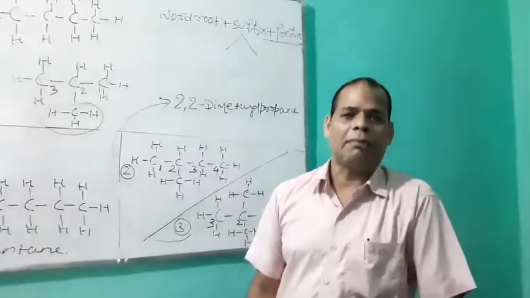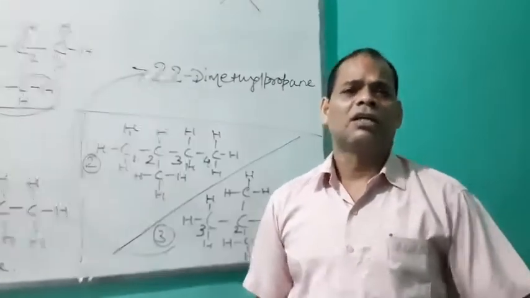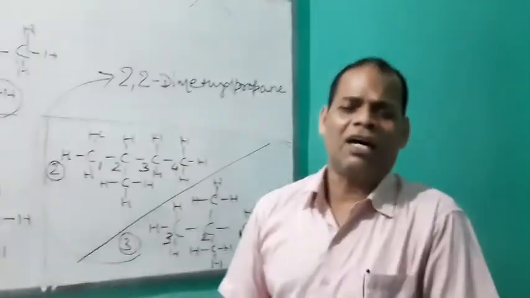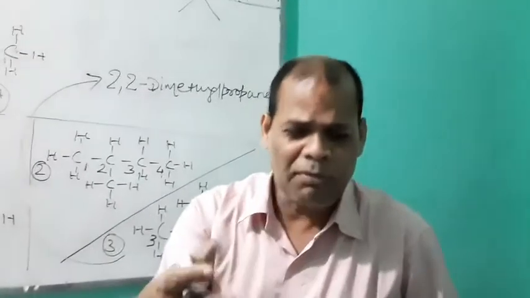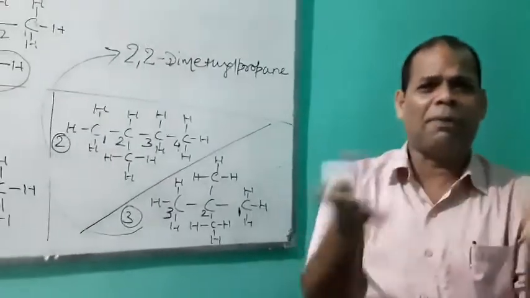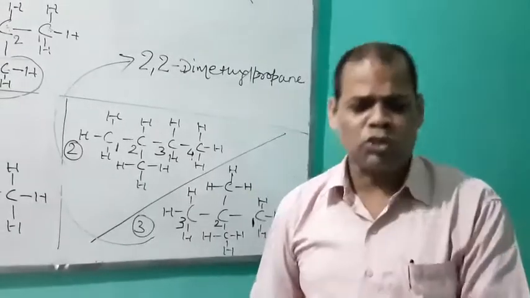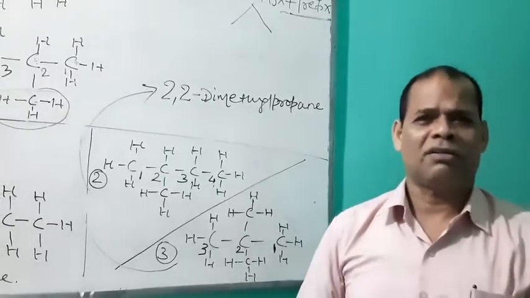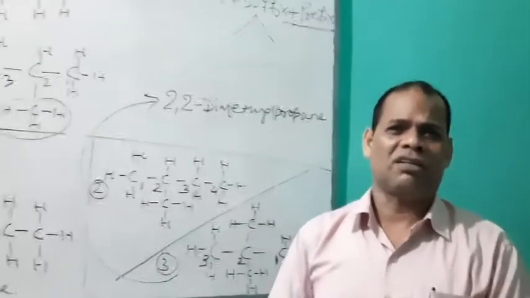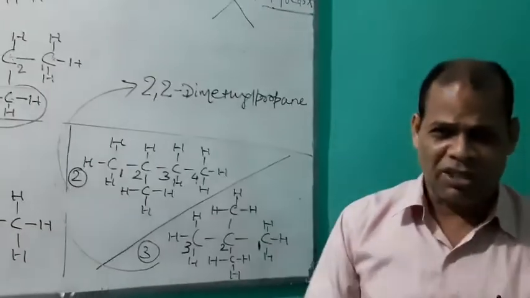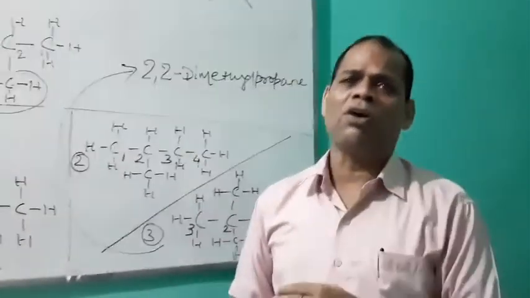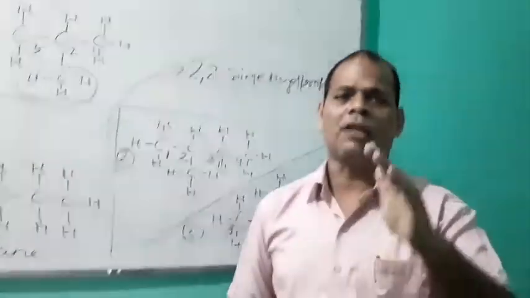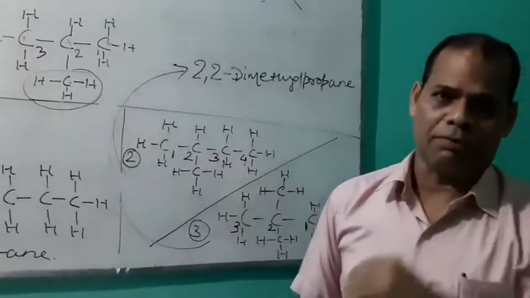Somebody's name in school is Rohan Kumar, and Sonu is the calling name, called by your mummy, papa and all others. In this way, the organic compound also has 2 names. One is a common name, another one is an IUPAC name.